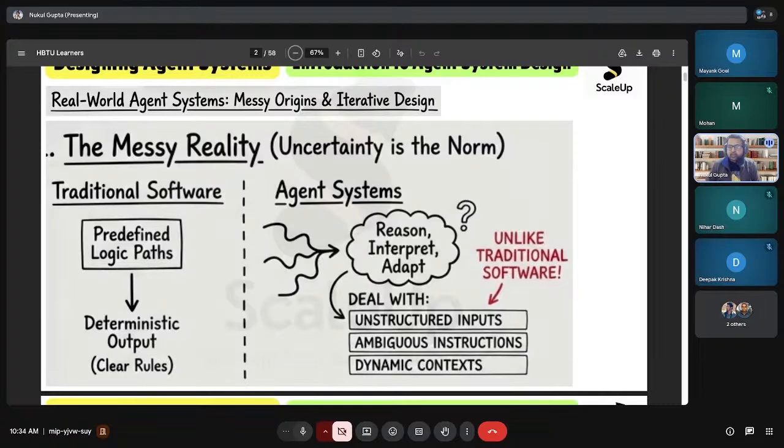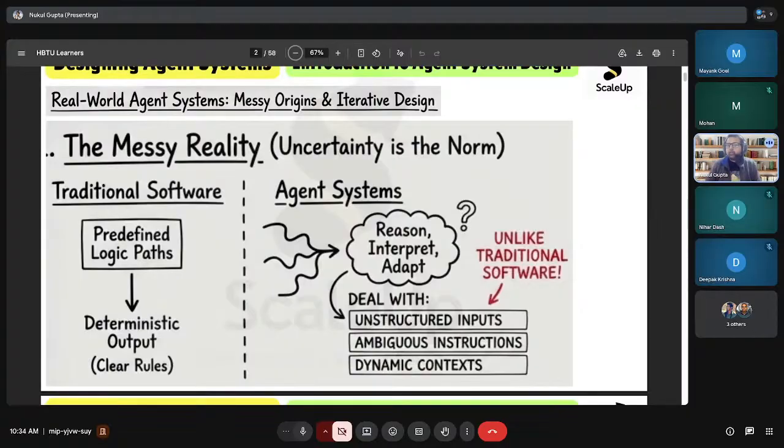So in agent systems, we should never think big or plan way ahead. We should do rapid prototyping and accomplish small goals rather than planning big and trying to make something big.